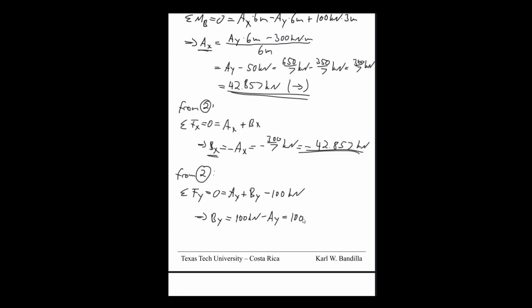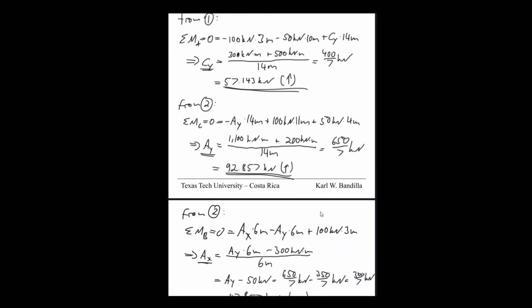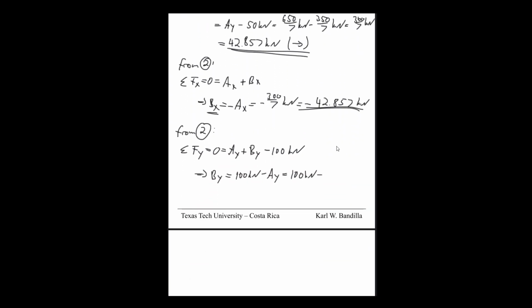Where is Ay? 650 over 7 kilonewton. That means 700 minus 650 is 50 over 7 kilonewton. It should be right around 7. So yeah, 7.143 kilonewton is By.